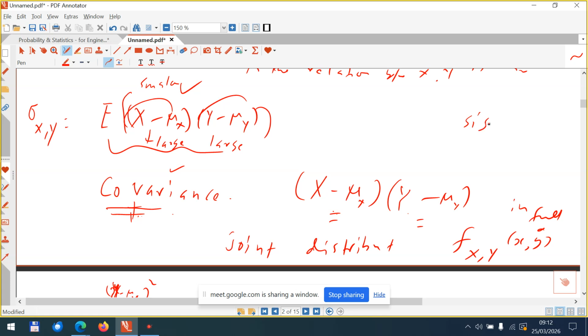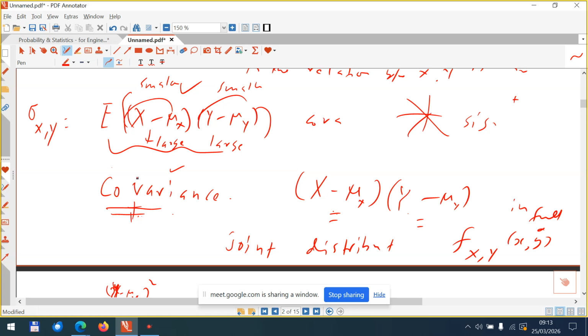You can have a plus and minus if the slope is different, but magnitude-wise they will follow a similar pattern. So they will co-vary. That's why we say co. One going up, the other also goes up, and if it goes down, it will only be a change of sign.